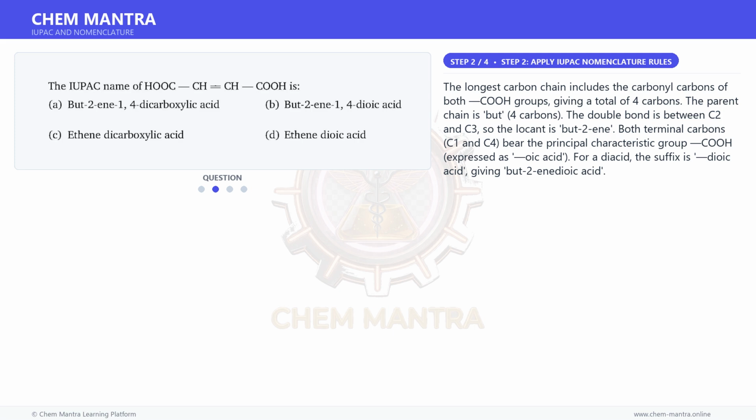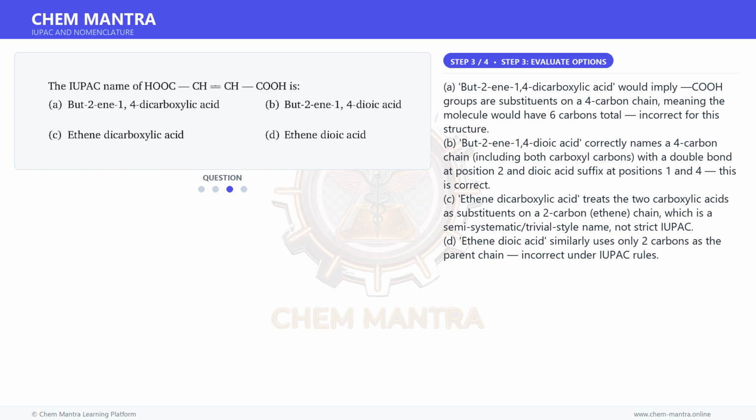Both terminal carbons, C1 and C4, bear the principal characteristic group COOH, expressed as oic acid. For a diacid, the suffix is dioic acid, giving but-2-ene-dioic acid. Moving on to the next step.